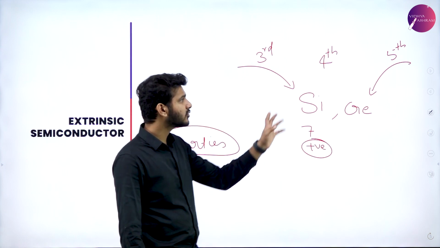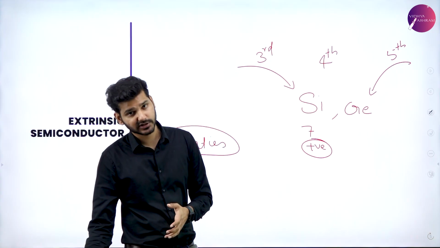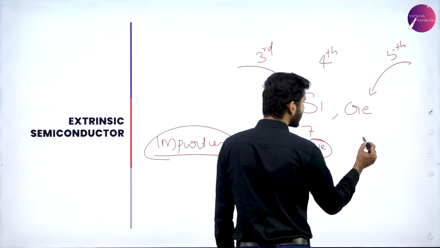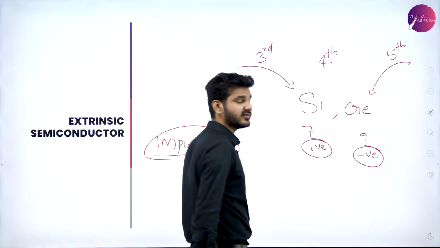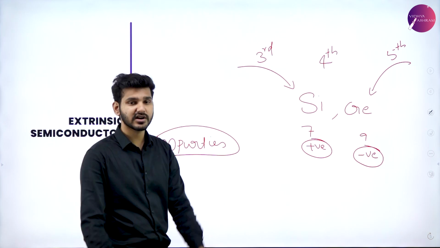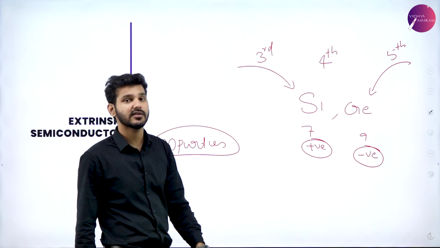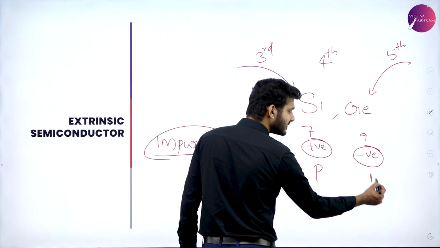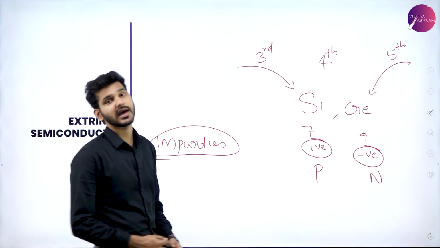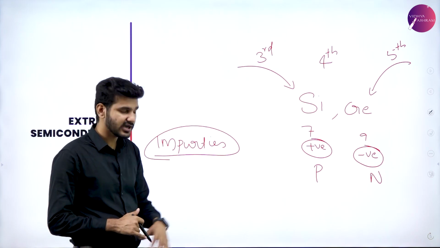If I am doping it with a fifth group element, then there will be an excess of 1 electron, which means it is going to behave negatively. It wants to get rid of that particular electron. This behavior will give it its positive type and negative type, that is p-type and n-type. I'll explain what p-type and n-type are very soon.